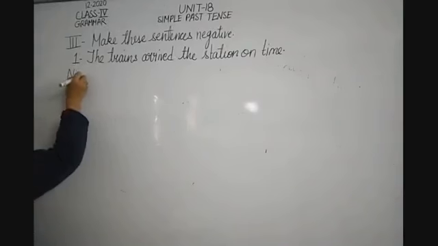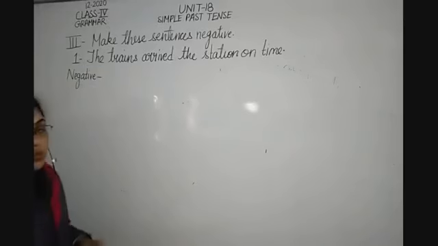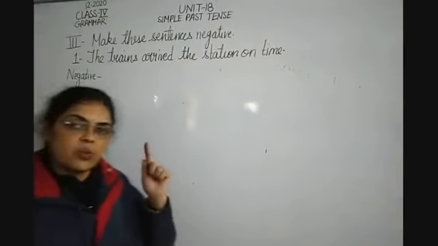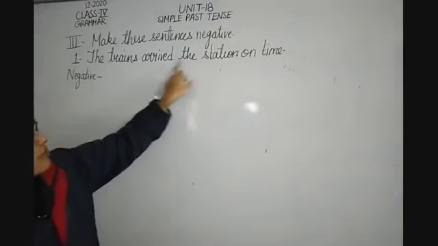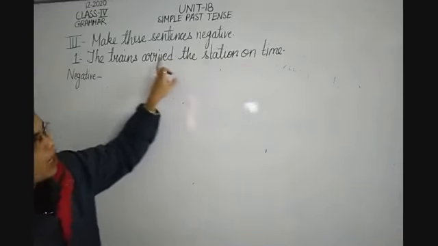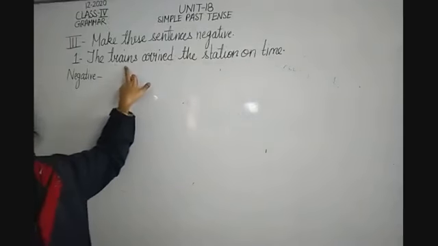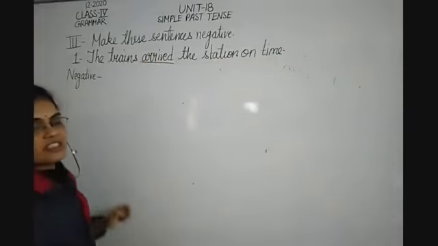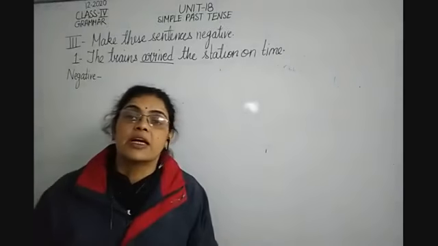You need to change this into negative sentence. So first of all, what are you going to do? You are supposed to identify and underline the word. The trains arrived the station on time. Now, subject क्या है? The trains. Arrived क्या है? Word. Arrived is the word and subject is the trains.